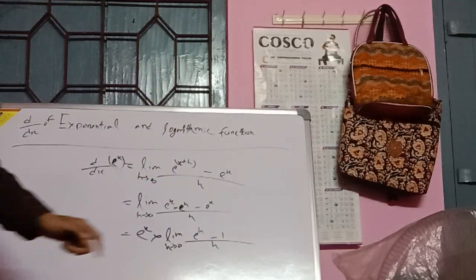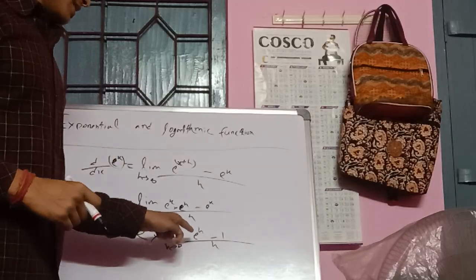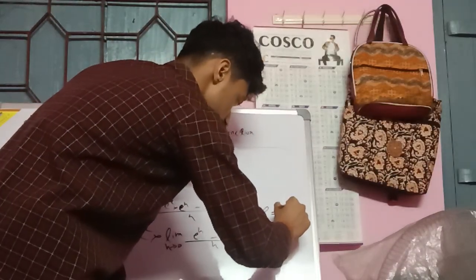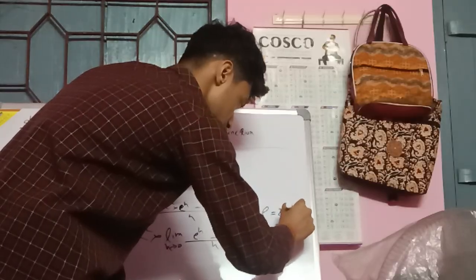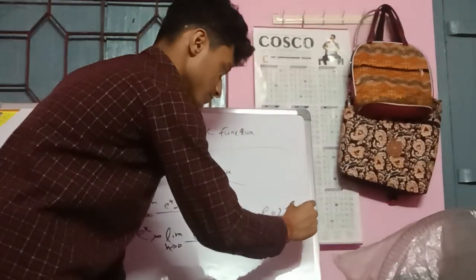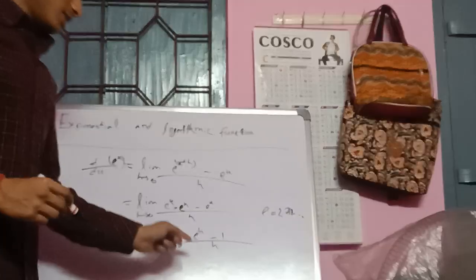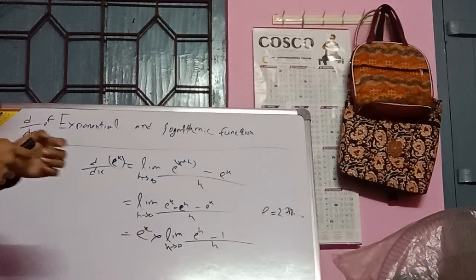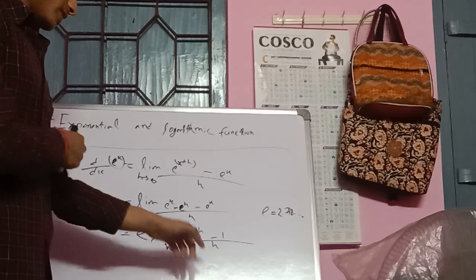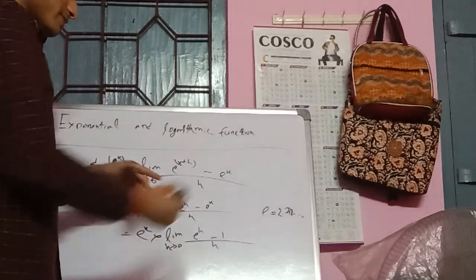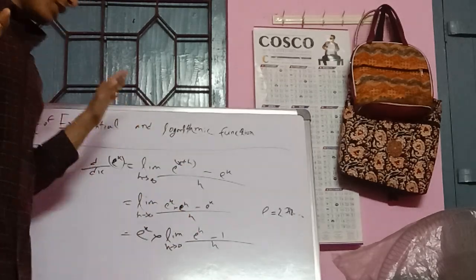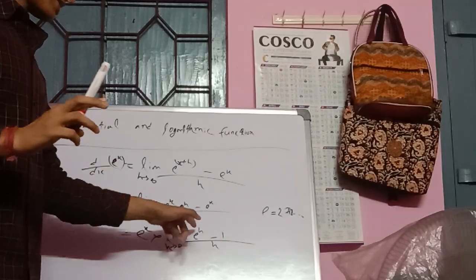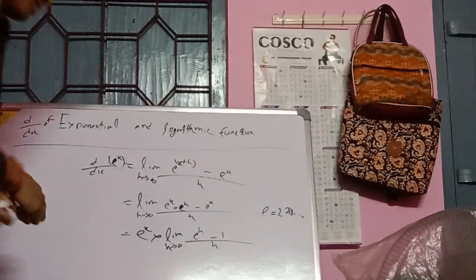Now you can get a calculator and find the value of this, where e is the specific number 2.718. Most calculators have e written on them, and you can raise e to a very small number, subtract 1, and divide the whole thing by that same number, and you will get 1.